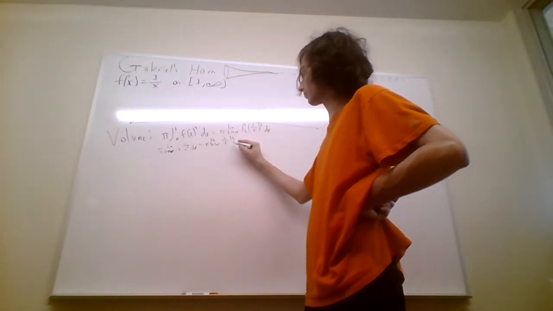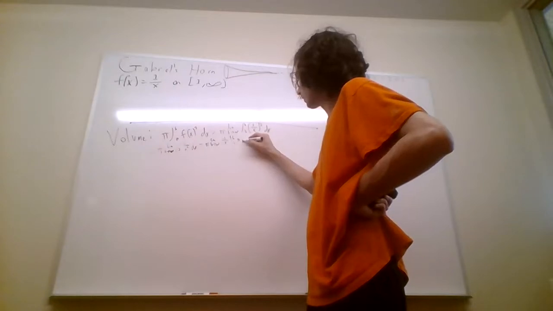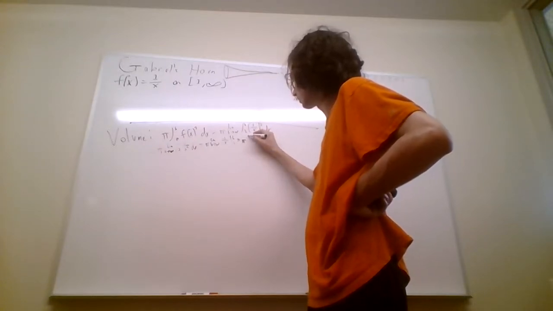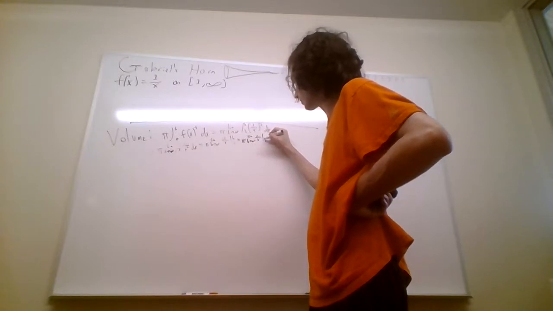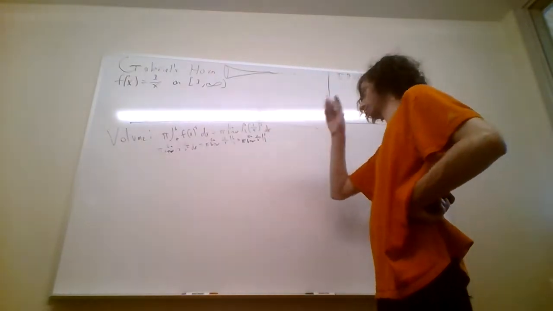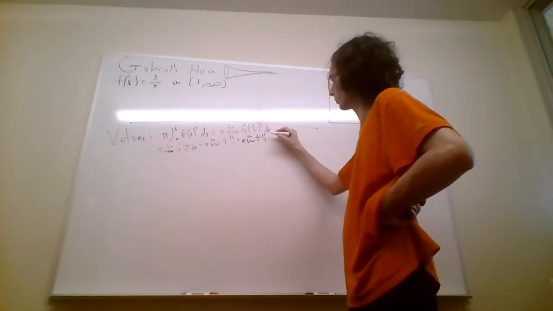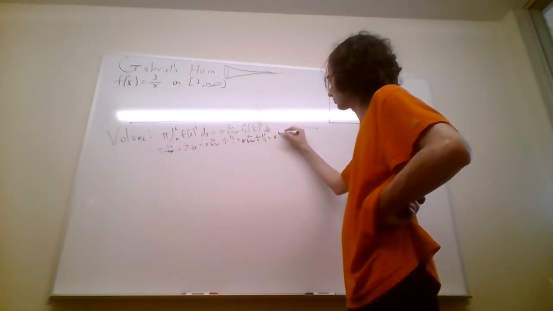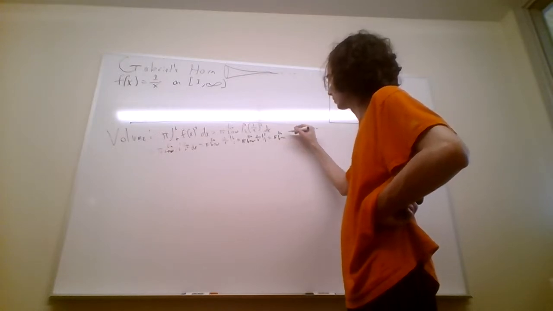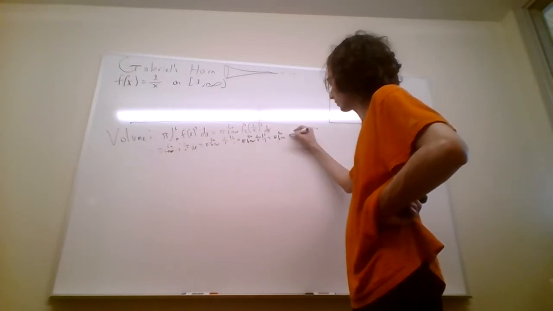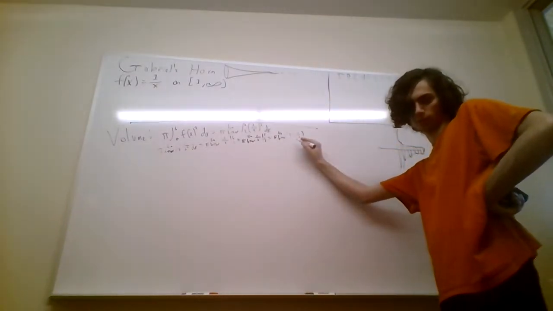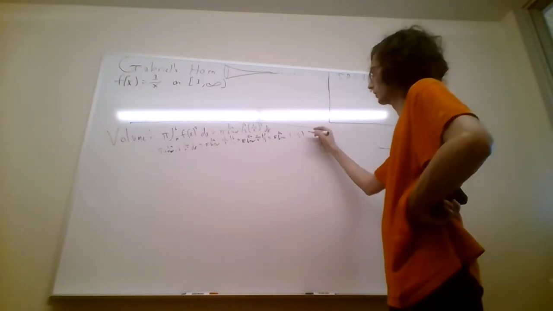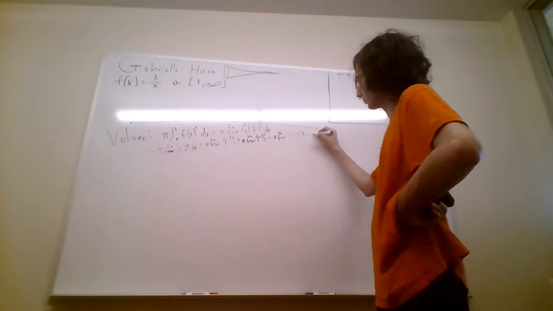Then I'm going to switch the negative with the bounds, so pi times the limit as b approaches infinity of 1 divided by x from b to 1, since I switched it. I'll plug in 1 and the b, so it's equal to pi limit b approaches infinity of 1 divided by 1, which is 1, minus 1 over b. So as b goes to infinity, 1 over b just goes to 0. So you can see that pi times 1 is equal to pi.